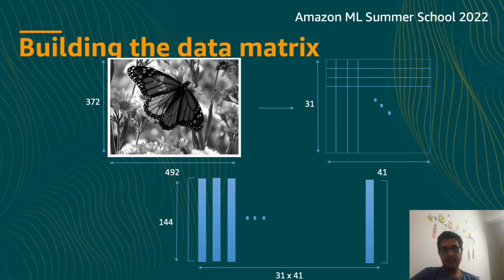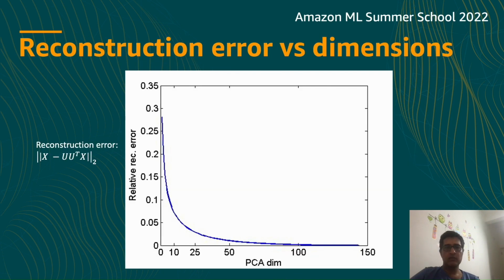Now as far as PCA is concerned, in case you were to carry out the principal component analysis and compute what we call the reconstruction error. Let us say your original matrix was X, and like we talked about earlier, you can reconstruct this matrix. U transpose X gives you X hat.